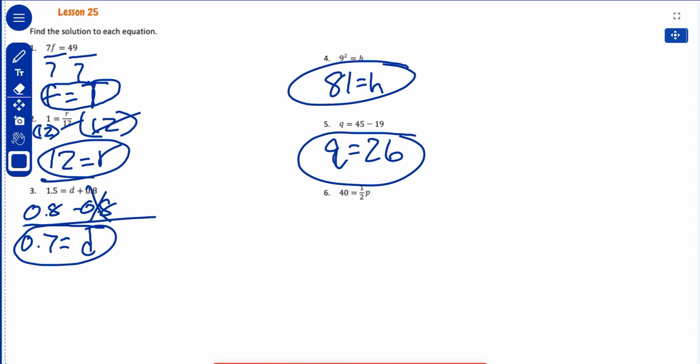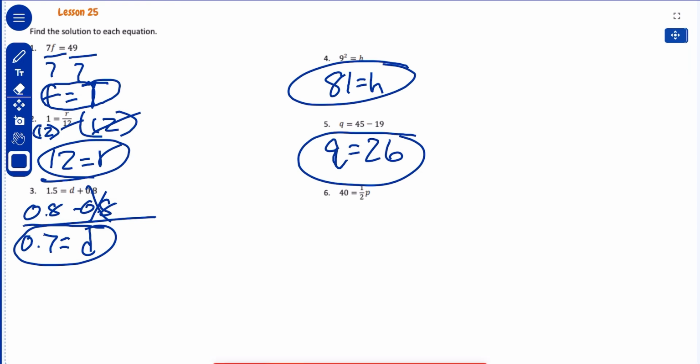Can you do that? No. So we're going to do what is the opposite of multiplying by 1/2? Dividing by 1/2? You could divide by 0.5, but do you know what you're doing when you do that?